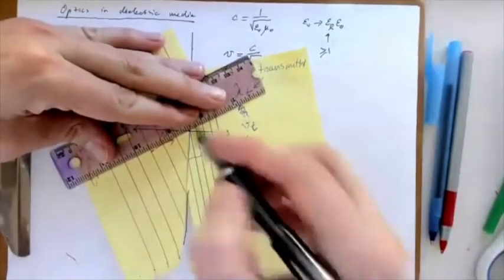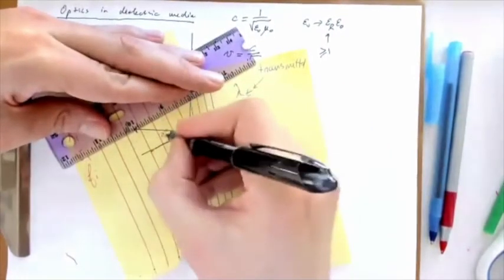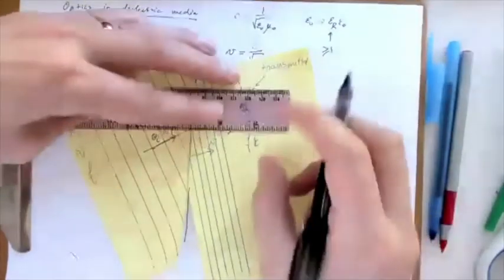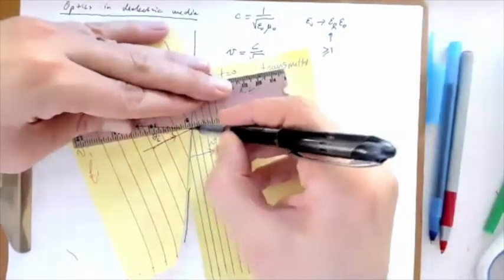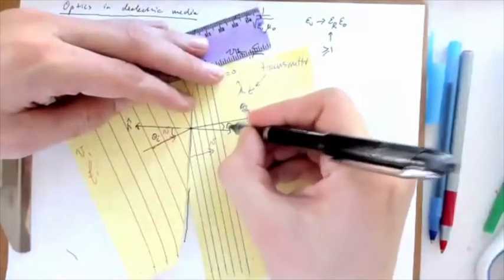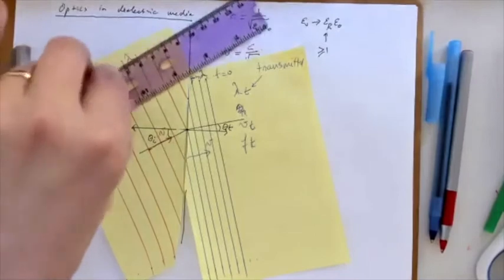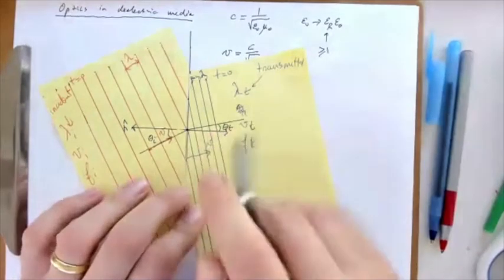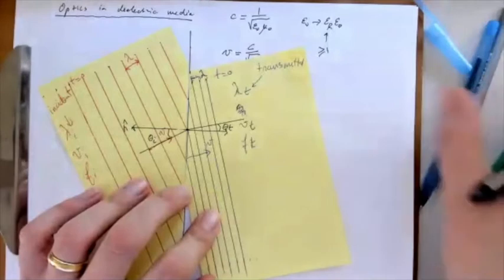So if the angle between the propagation, let's call that theta i, and let's call that theta t, you see that those angles are not the same. Okay, so how do we relate these? Well, there's just a bit of trig involved.